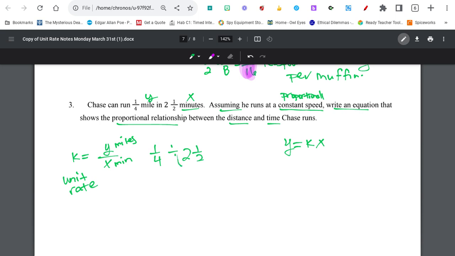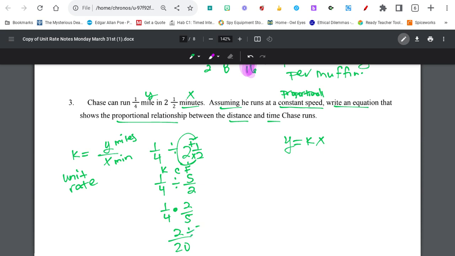I'm going to use the C method right here. 2 times 2 is 4 plus 1 is 5. So that's going to be 1/4 divided by 5/2. Then I'm going to keep, change, and flip. So I have 1/4 times 2/5. That gives me 2 on the top and 20 on the bottom.